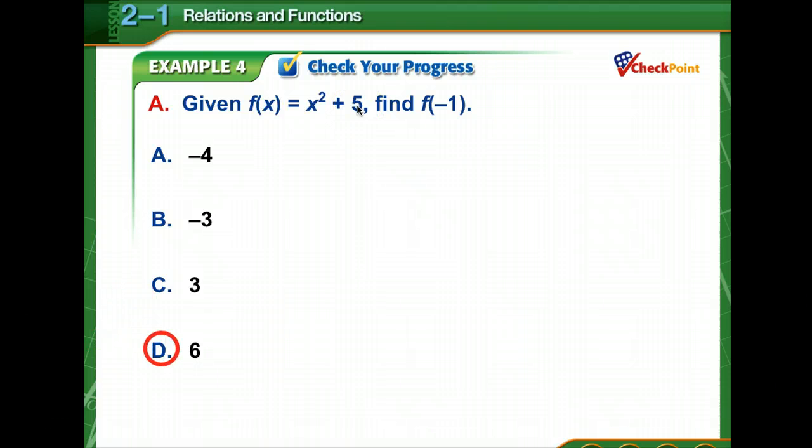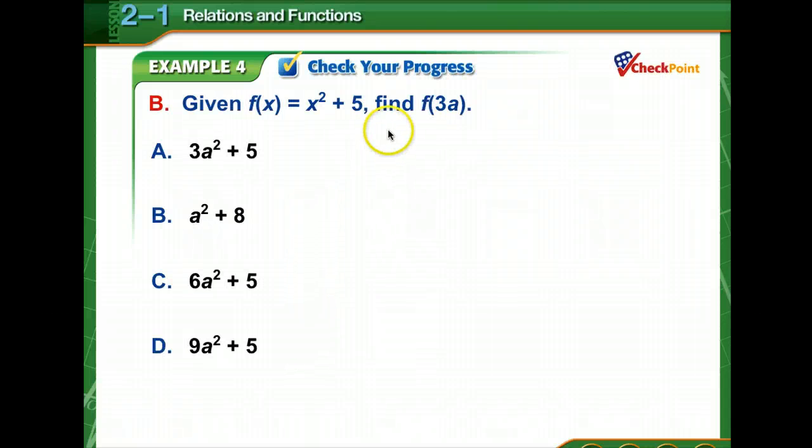We get 6. Good job. You did so well on that one. Let's try another one. Let's find f of 3a. So pause for a moment and find your answer. Very good, 3a squared, so 3 times 3 is 9, a times a is a squared, plus 5, and that's as far as we can take it.